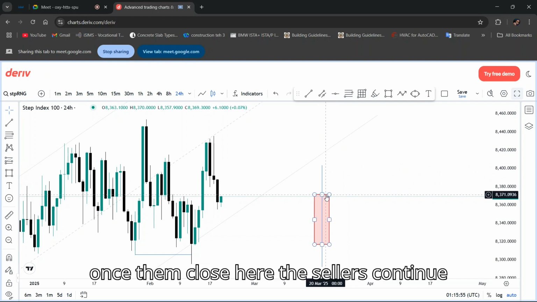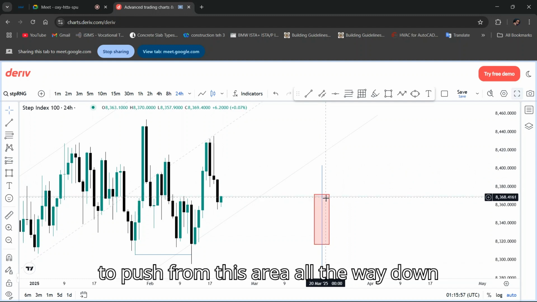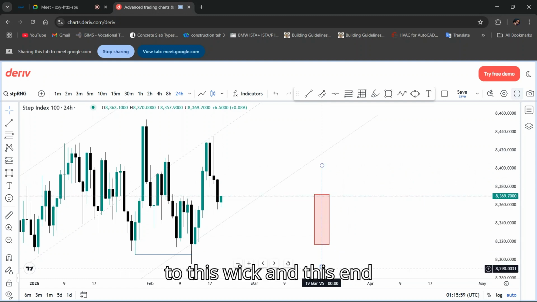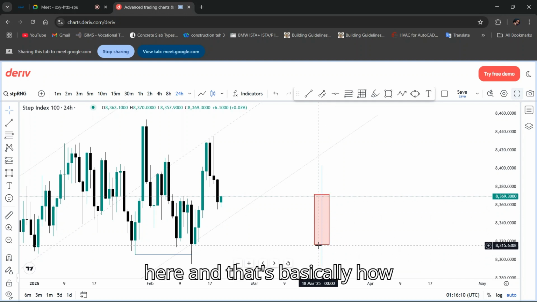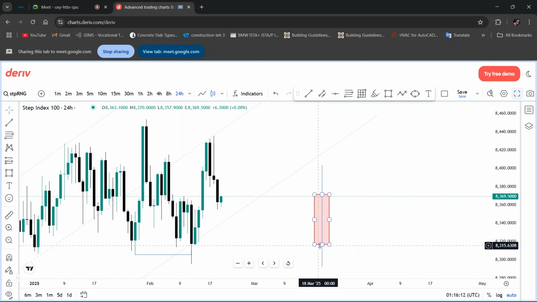The sellers continued to push from this area all the way down to this wick. Buyers stepped back in, pushed the market back up, and closed the price here. And that's basically how candles work.